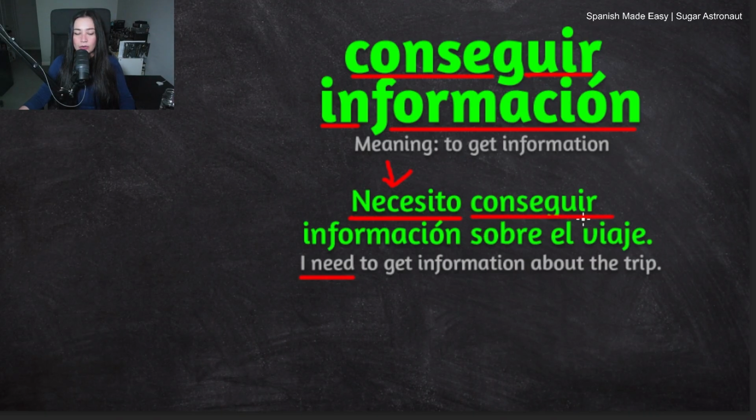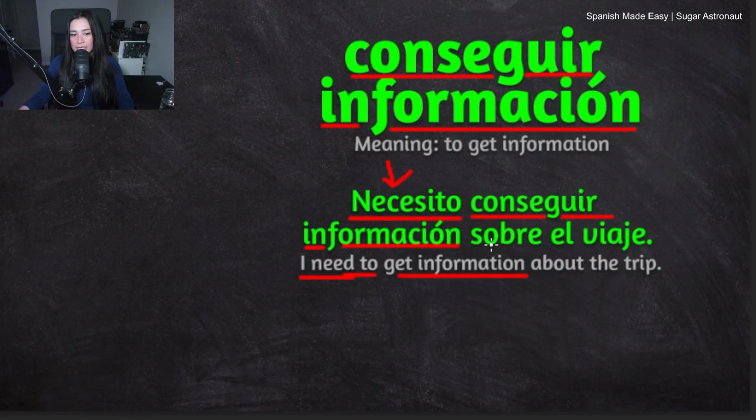Conseguir. Here's the phrase we're learning. Información. Conseguir información. Get information. Necesito we can include to. I need to do something. Conseguir información.